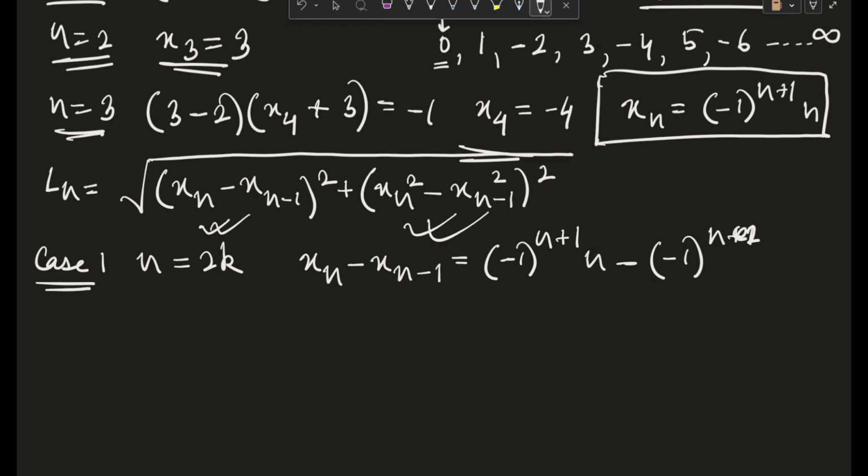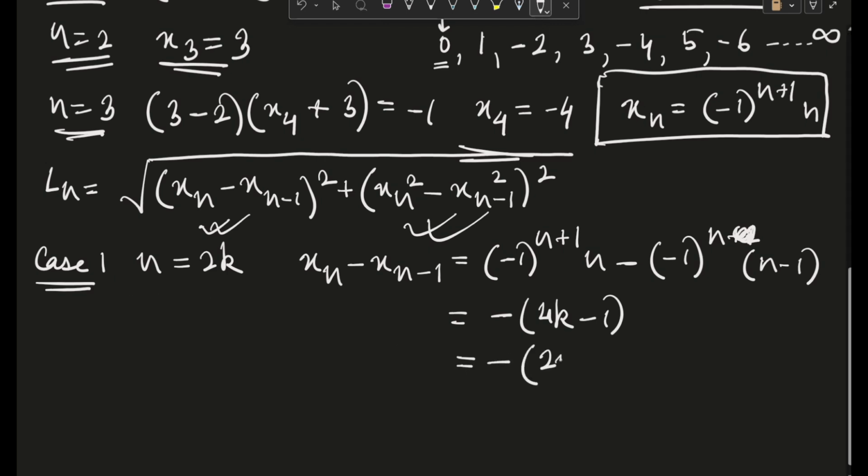So minus 1 power n, and here this will be n minus 1. If you put n equals 2k and calculate this, it comes out to be minus of 4k minus 1. Now you can substitute n, so this will be minus of 2n minus 1.